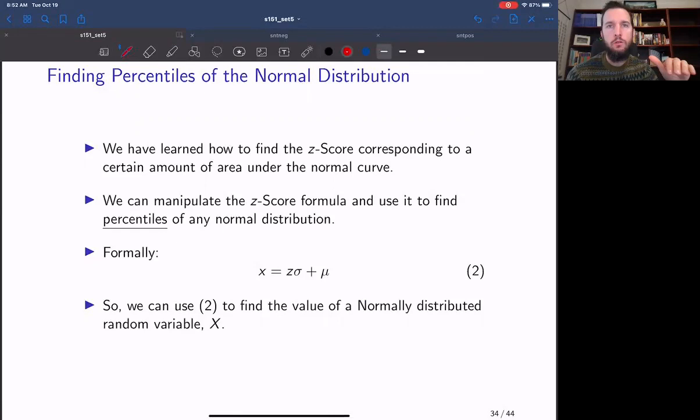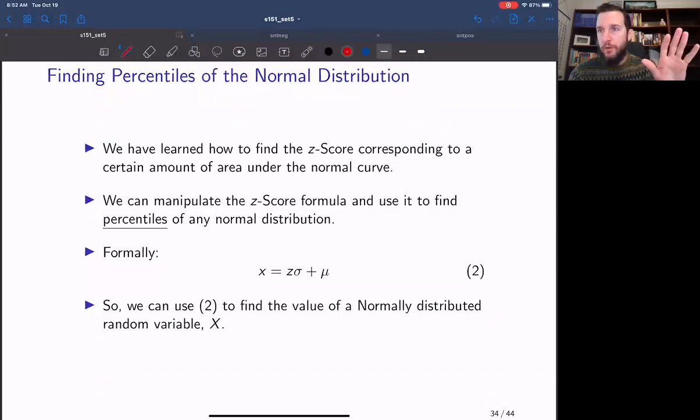In general, these types of questions usually present themselves as percentile questions, but theoretically, you could ask for the area in any way that you wanted to. So the trick to this unit is just being able to identify what area you want underneath the normal curve of interest.